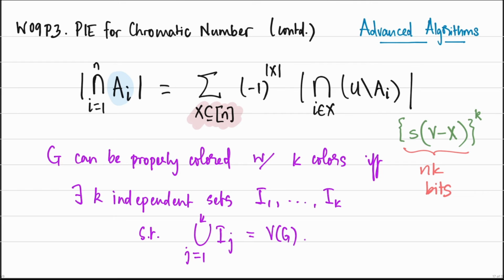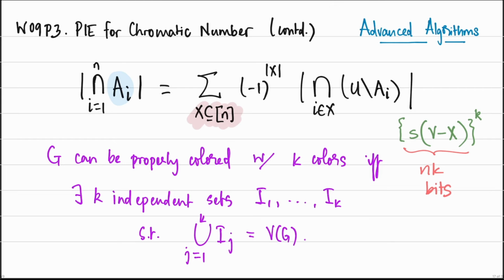Overall, computing the kth power of a value looked up from the DP table is a polynomial time operation, and you're consuming nk bits to handle all of these operations so far. You're adding and subtracting numbers that are nk bits long, and you're doing that 2 to the n times.